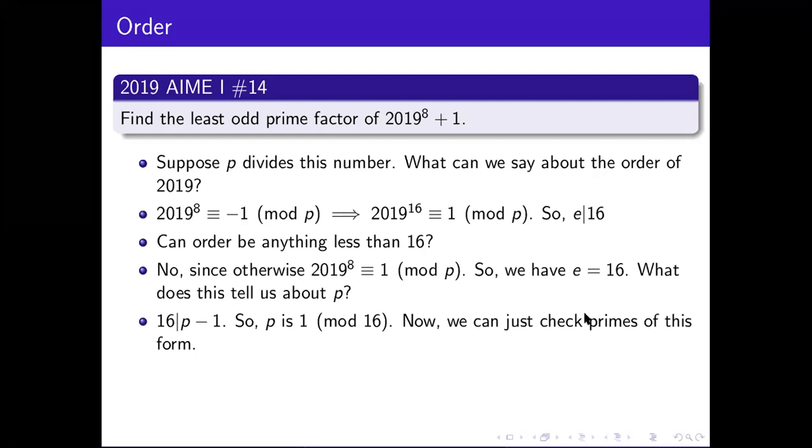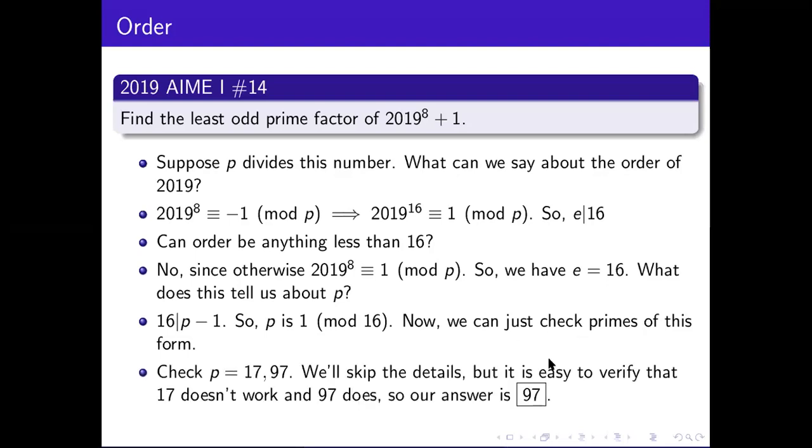So now we can check primes of this form. Since this is AMC, we should be able to do it by brute force by now. Just check: 17 is not, and 97 is the next prime which is 1 mod 16, and it ends up working.